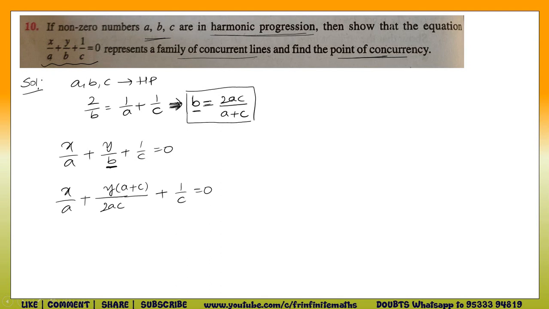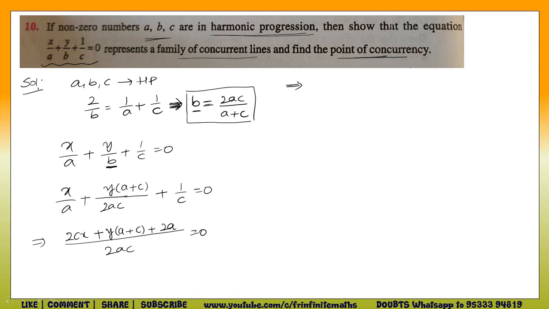So here the LCM is 2 times ac. What is missing here? 2c is missing, so 2cx plus here the whole thing is present, so y times a plus c, plus here 2a is missing, so 2a times 1 is 2a is equal to 0.